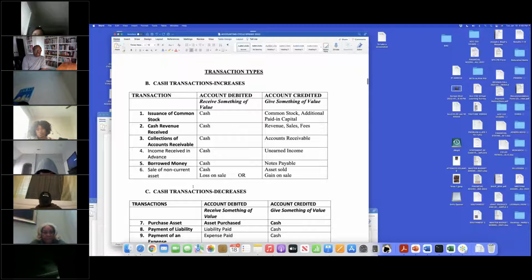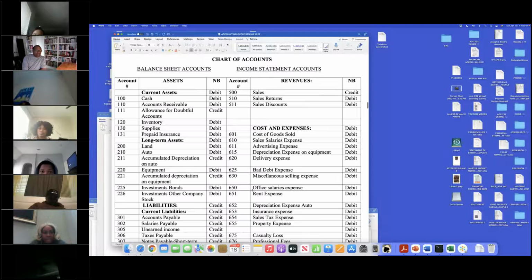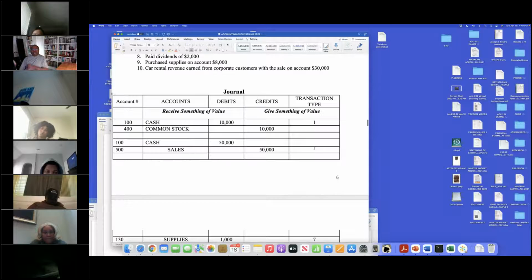Then you go into the chart of accounts and get an account number. Then you make the journal entry. So to get to those financial statements that we won't prepare, you've got to be able to make the journal entries.